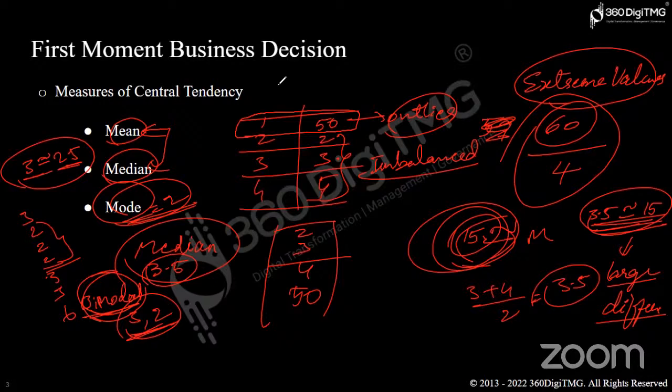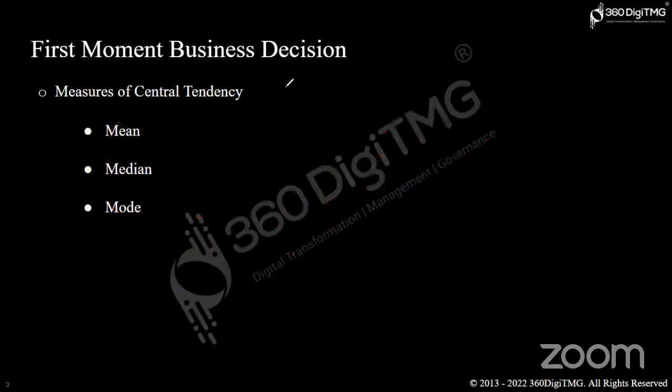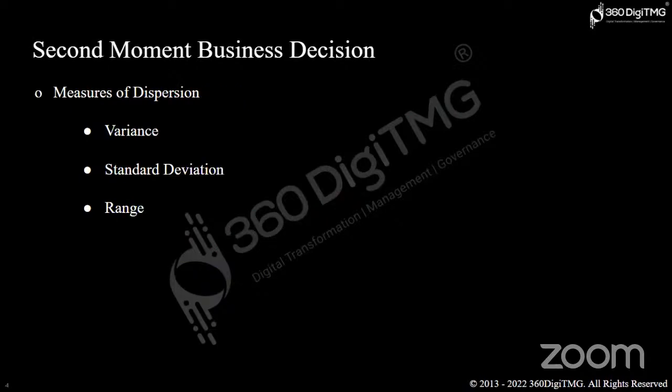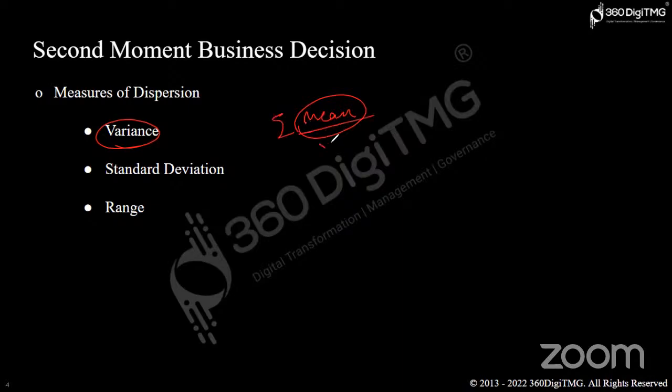Now when you have data and you need to calculate the variance of it, how do you calculate the variance? What is the formula for variance? So you know the mean value. Sigma, divided by n.